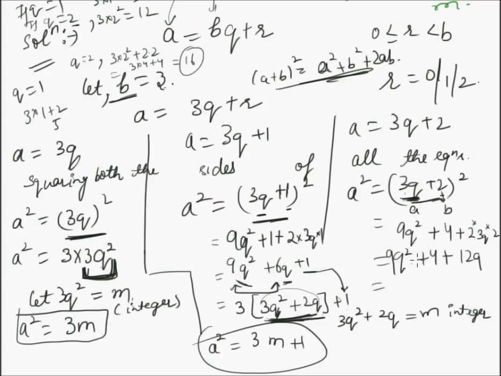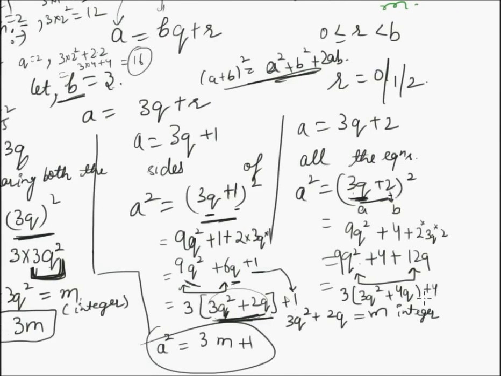Now friends, from these two terms, we can take a value 3 common, and we will get 3q square plus 4q, and 4 outside these terms, and this 4 can further be reduced to 3 plus 1.